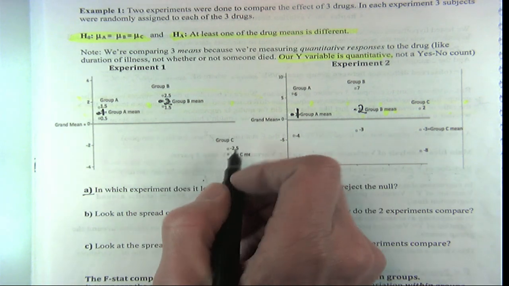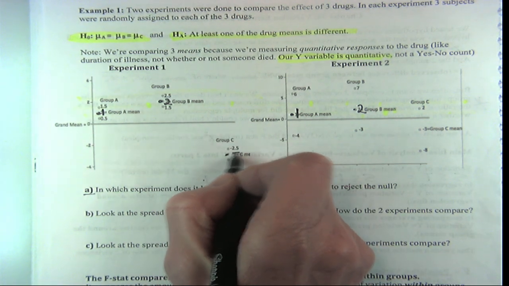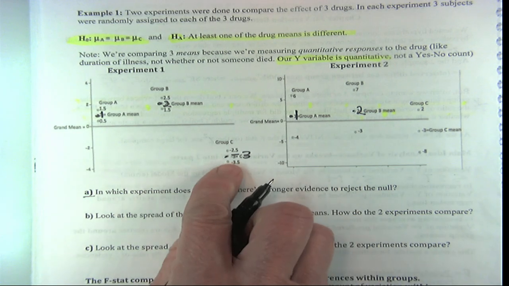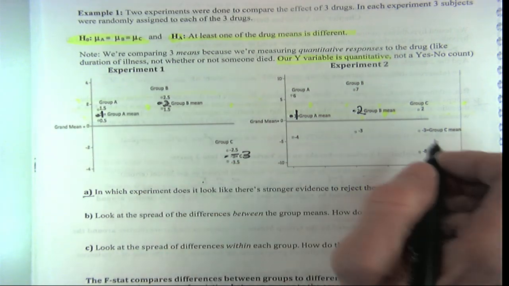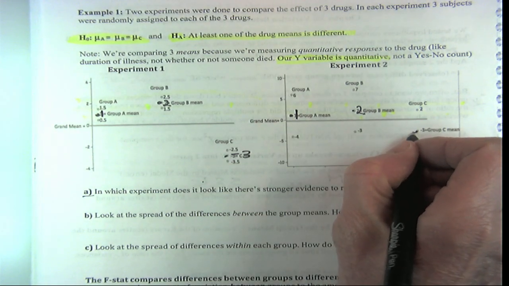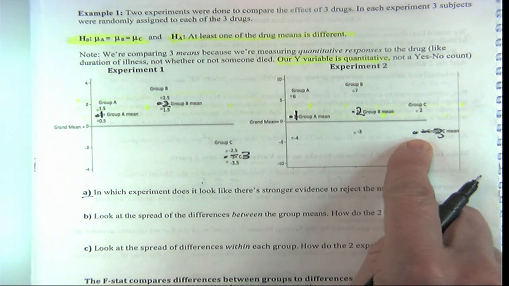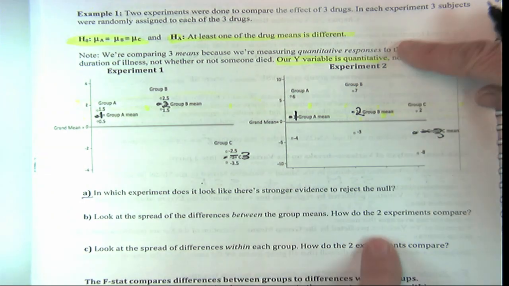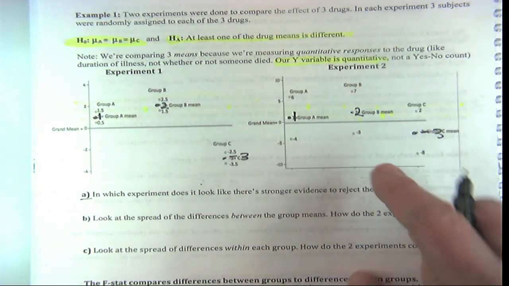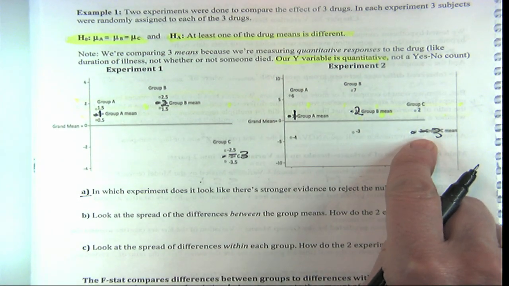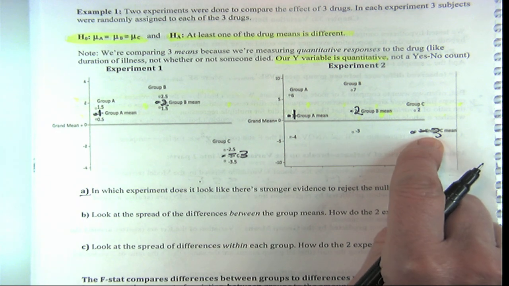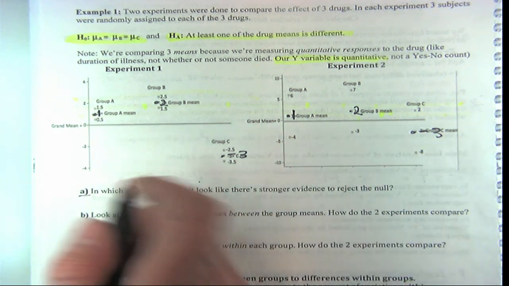And in group C, there is a mean of -3 in experiment 1. Even though it looks like it's drawn on a different scale, it's the same number here. I just didn't have enough room to fit all these on this page. So they got the same group mean here for C. Let me write that down.